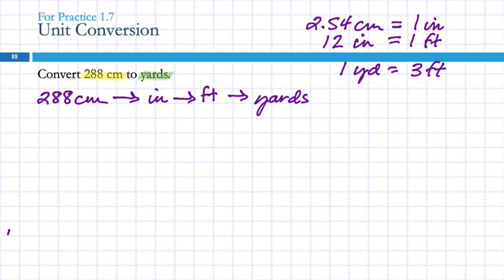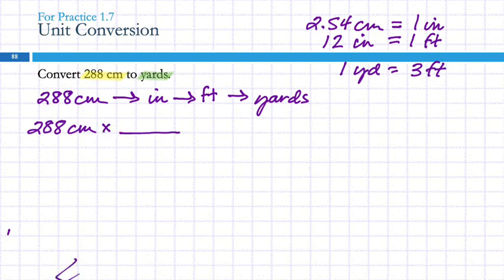We're going to take this and we're going to turn it into an equation. We're going to do this all in one equation so we don't have to write down intermediate values. So we copy down the number and unit that we're starting with. And then you look at how many arrows are there. I have 1, 2, 3 arrows. I'm going to need 3 conversion factors. That's 3 fractions.